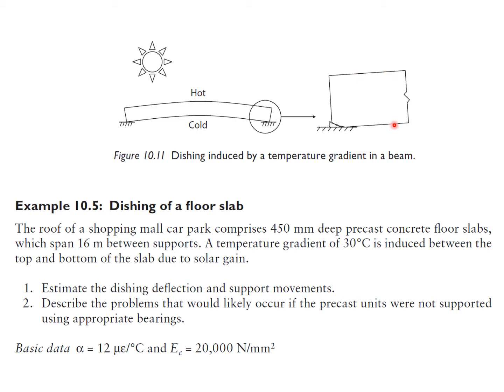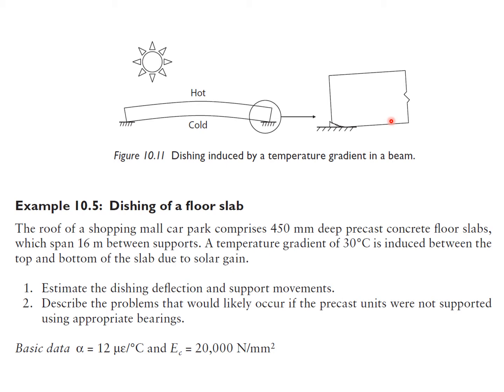There's going to be a reduced amount of expansion on the underside because there's a temperature gradient. And that temperature gradient is going to set up a strain gradient that is not dissimilar to the strain gradient you would get in a beam subjected to bending moments. And so that's how we're going to analyze this.